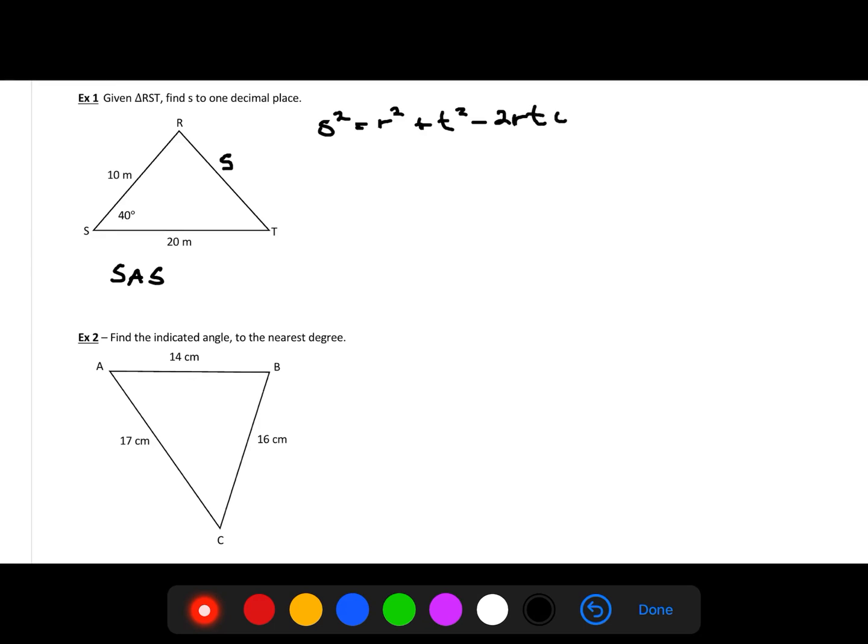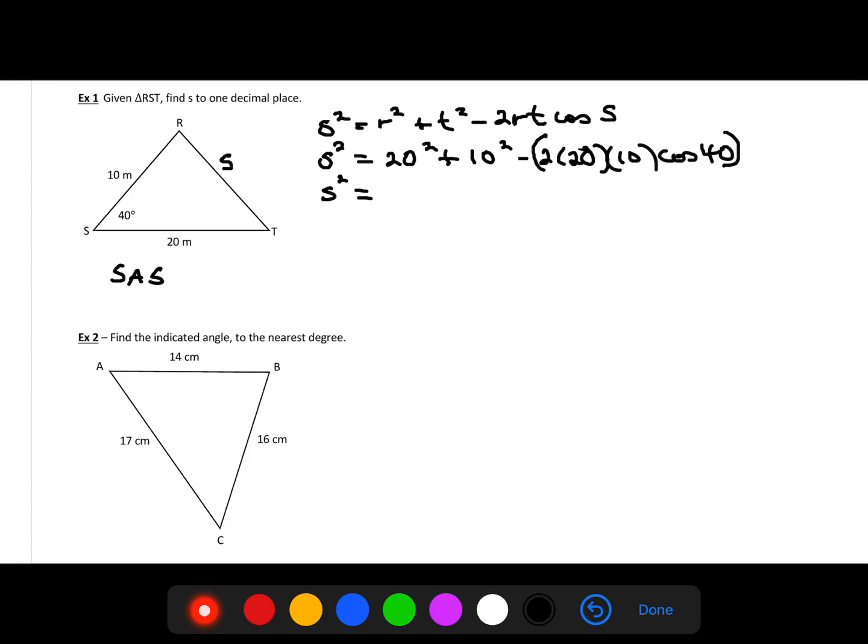So s squared equals other two sides squared and added, so r squared plus t squared minus 2rt cos S, and we can sub in appropriately. So r is 20, t is 10, and our angle is 40.